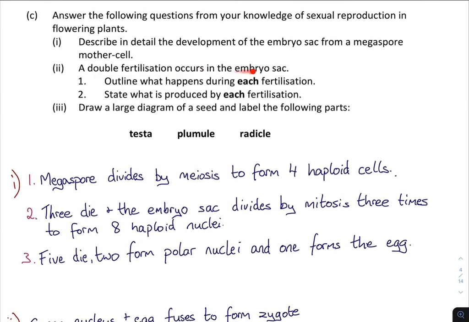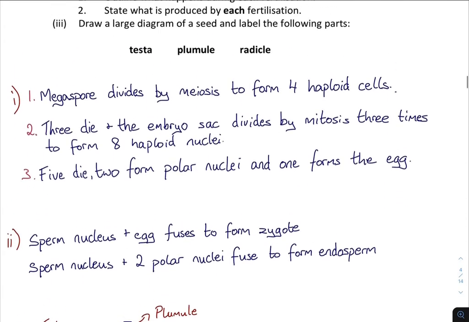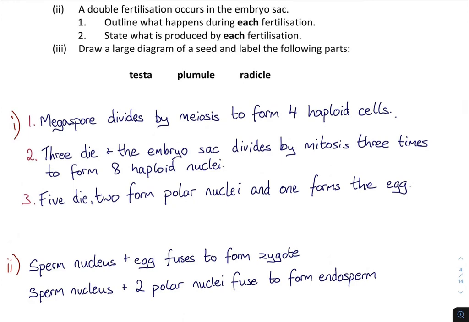Double fertilization, what happens? So I said earlier on that I would go back to this. So I just write it out like this, nice and simple. The sperm nucleus, you could just say the sperm cell, it doesn't matter, and the egg fuse to form the zygote. So similar to humans, a zygote is formed.